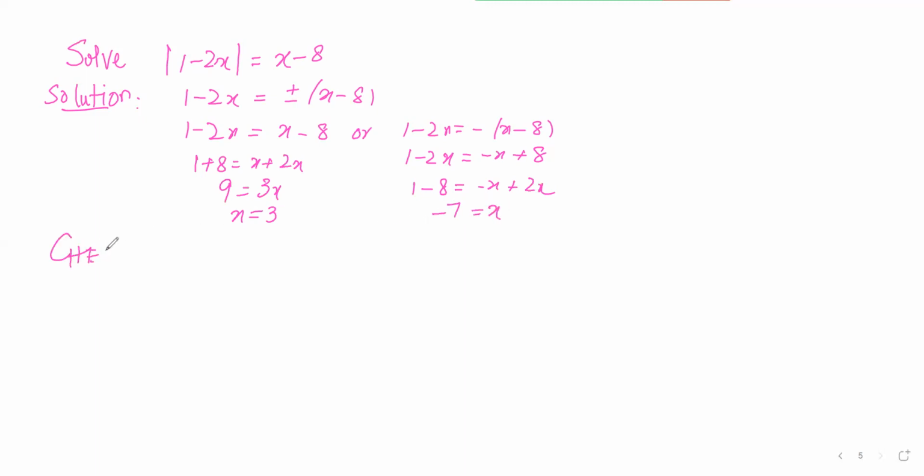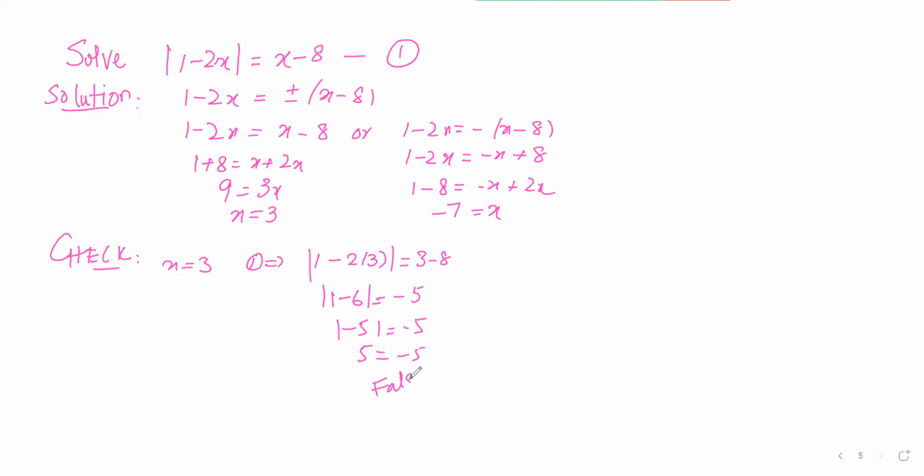Let us check these in the given equation. For x equals 3: |1 minus 2 into 3| equals 3 minus 8. 1 minus 6 is minus 5, and |minus 5| is 5, so 5 equals minus 5. This is false, so this cannot be the answer.